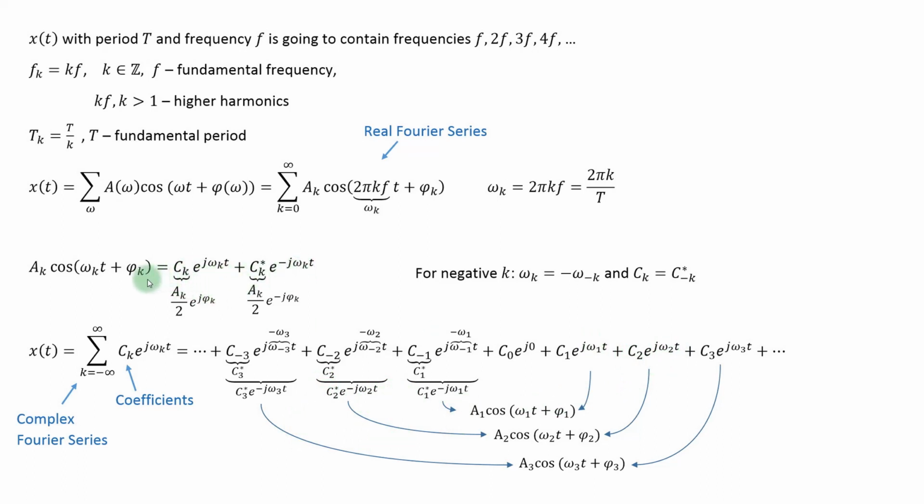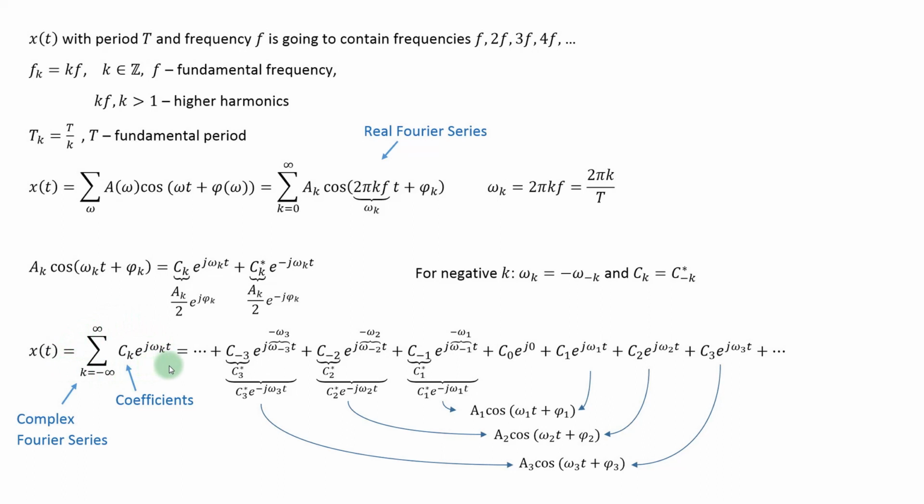So the result will be this for k is equal to 2. And once more, when I add up this summand and this summand, I will get this for k is equal to 3. So this way, these cosines are hidden in this series.